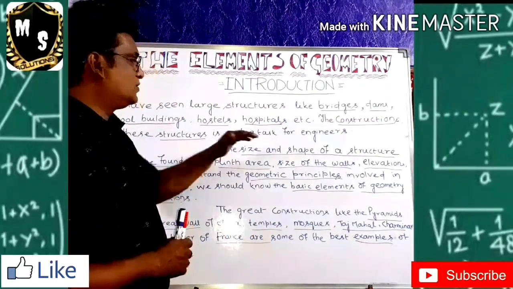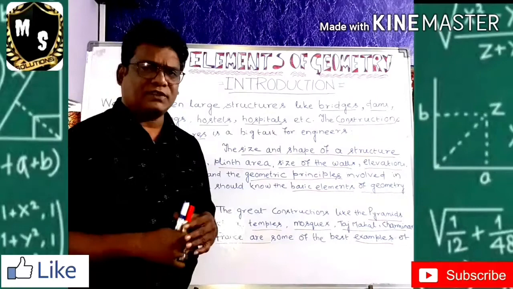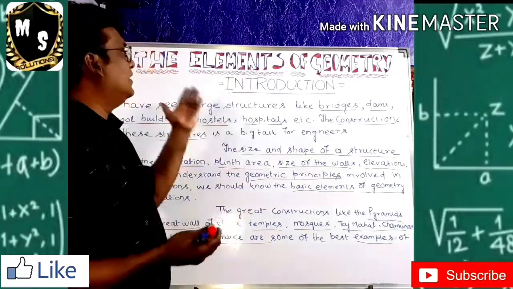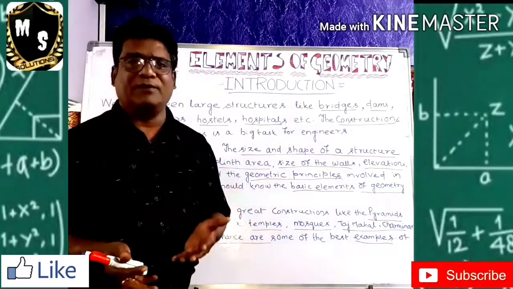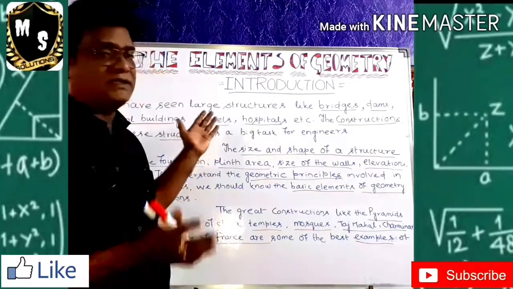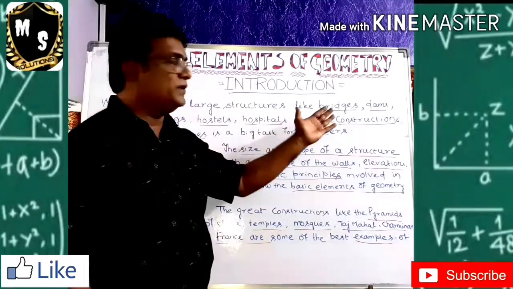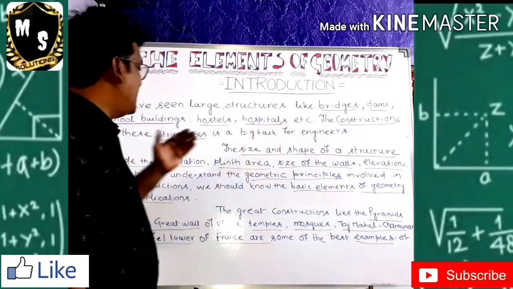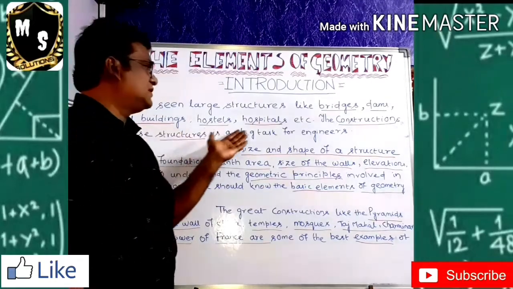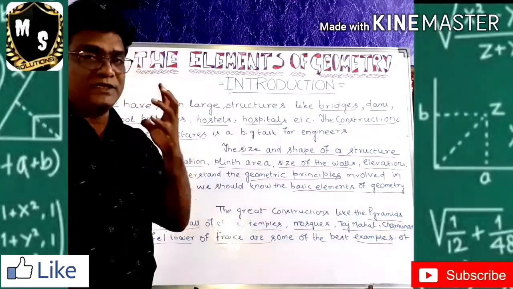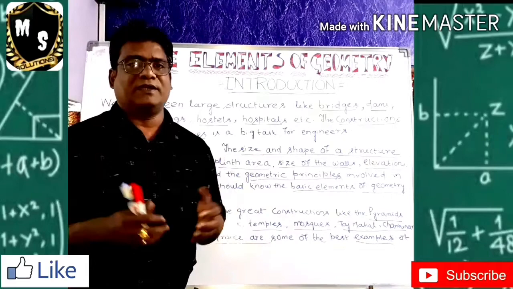I hope you understood this line. Generally the elements of geometry are applicable to these big structures that we observe in our life: the bridges, the dams, school buildings, hostels, hospitals. So it is a big task for the engineers to build them.